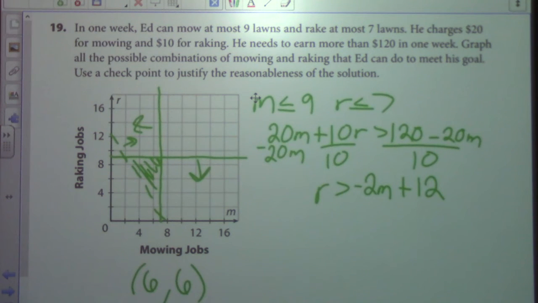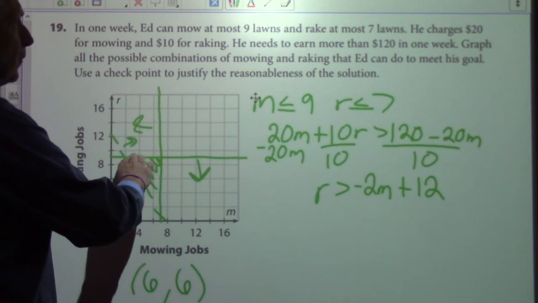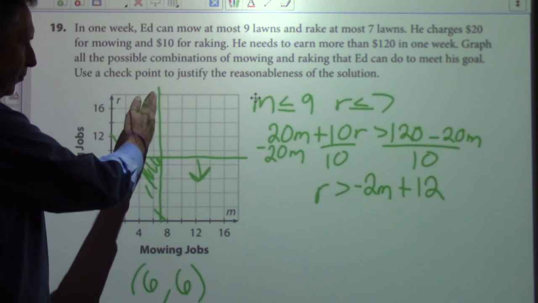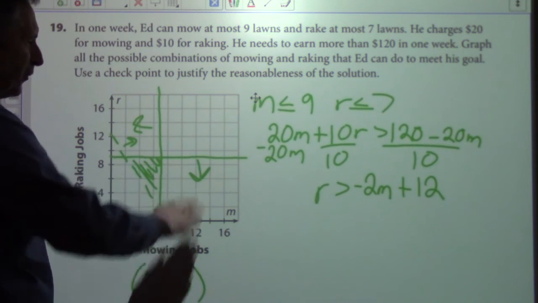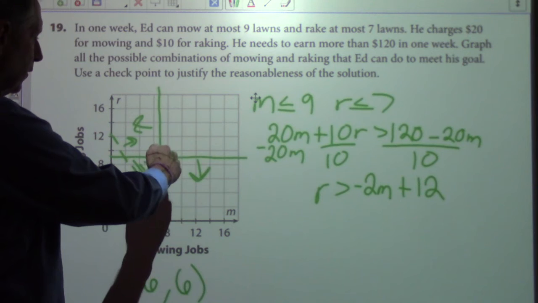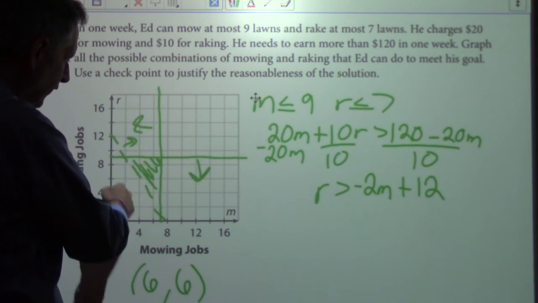So let's go ahead and evaluate this. It's not right, because it broke down. So we have at most, so is that gonna be a solid line here? At most? Are those supposed to be solid lines? And so that's gonna be that direction and that direction. So that's this area here.